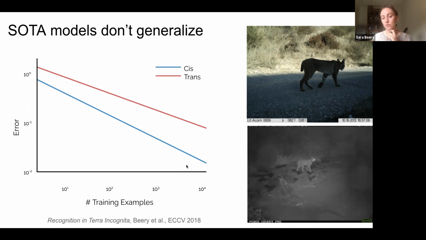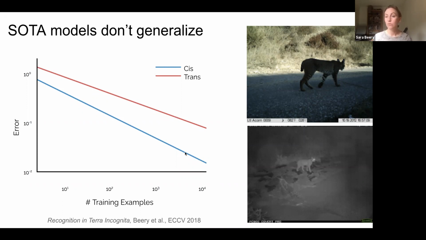Now you do also see across the board in machine learning that the error when you have very few training examples, like 1 to 10 to 100, can be a lot higher. Whereas if you have a lot of training examples, your error can be really low. But this jump in error that you see when you evaluate the model on camera traps you haven't trained on, this is something that we're trying to fix.